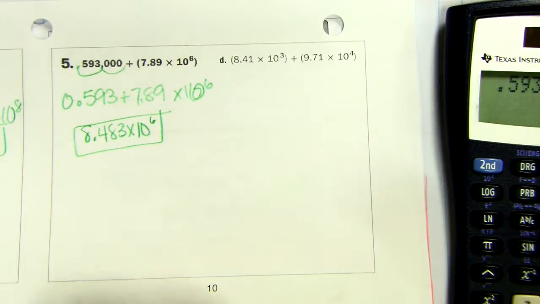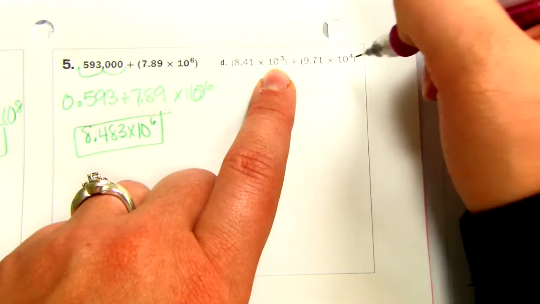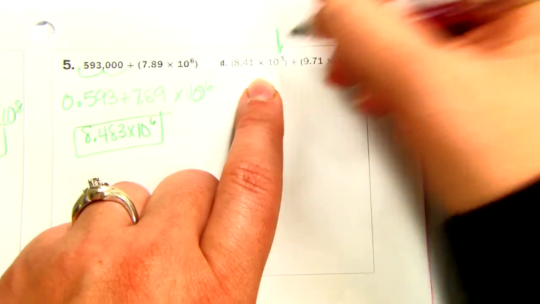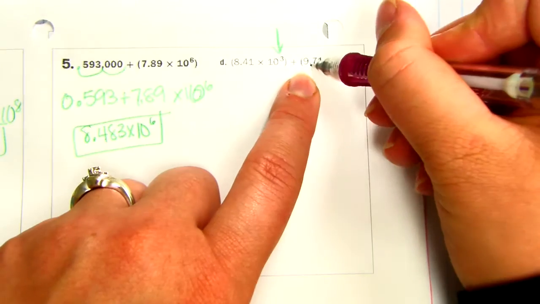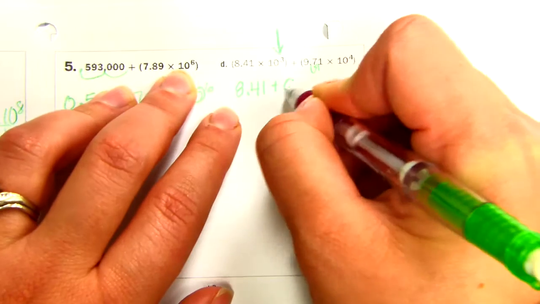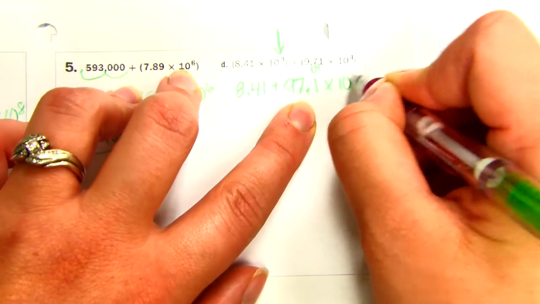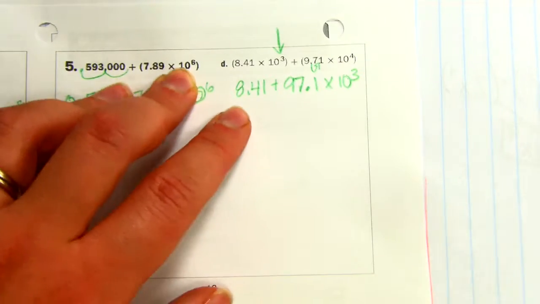There we go. This one, we can try changing it to the smaller one. So if I want to change it to the 3rd, if I want to get smaller, I move it to the right. So it's 8.41 plus 97.1. They'll both be times 10 to the 3rd at this point.